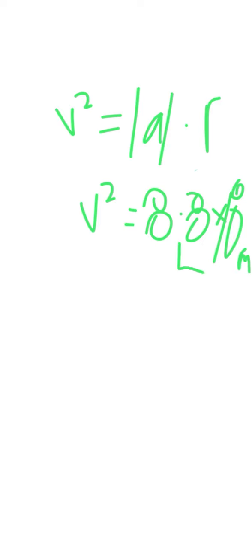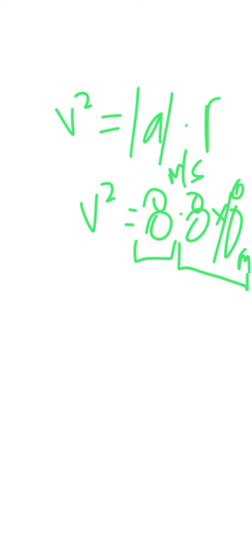Now, this 8 times 10 to the 6th meters is the unit that we got before, which is the distance of the satellite from Earth. And this is the given acceleration in meters per second squared that was given in the question.